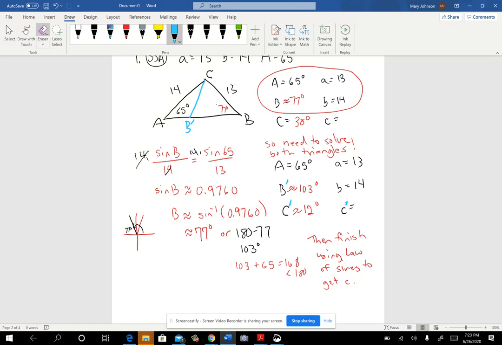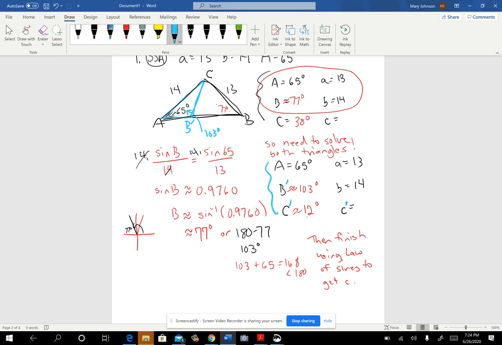Remember the 65, that was this angle here. And B prime right here turned out to be 103 degrees. So you have an obtuse triangle, that's the blue one, but then you also have that original one here, and this goes with the blue triangle.